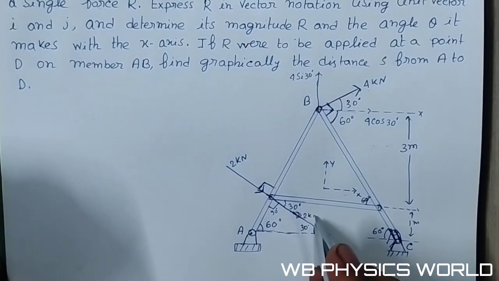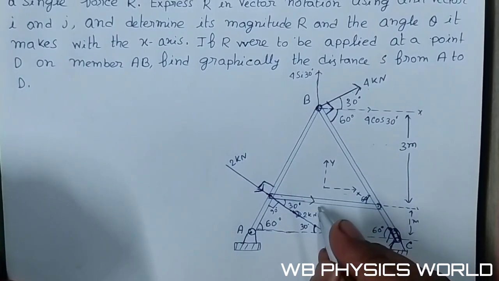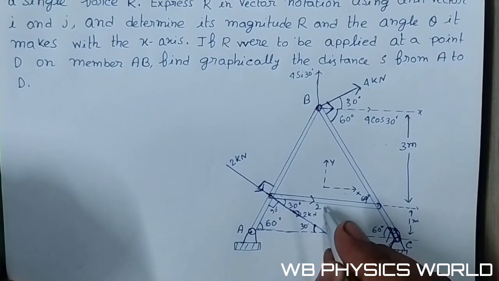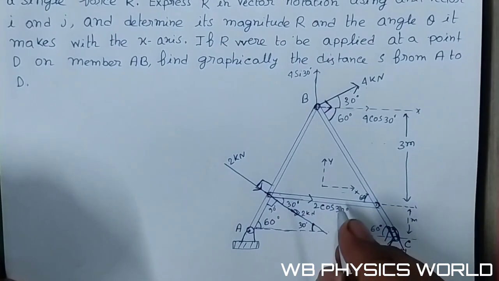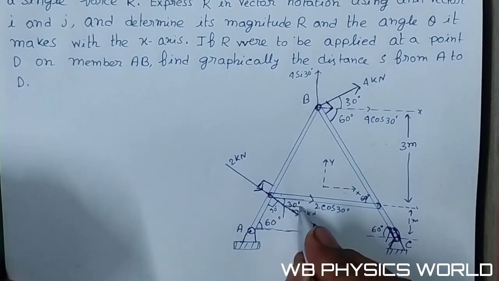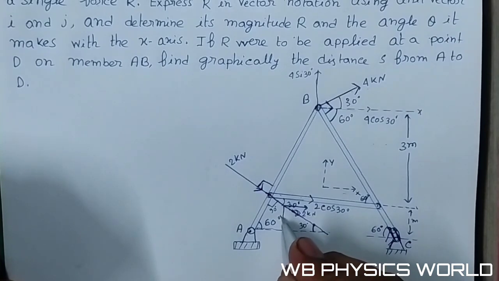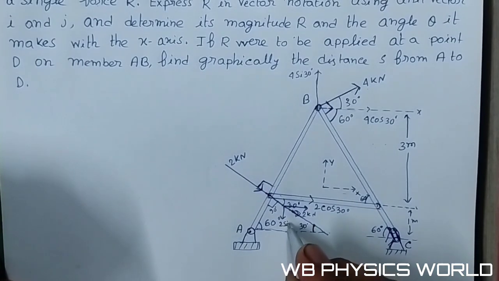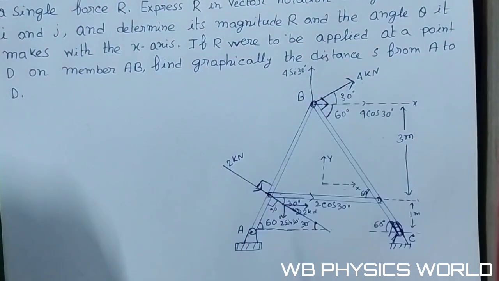So the component along this direction is 2 cos 30 degrees, and along this direction the force is 2 sin 30 degrees.